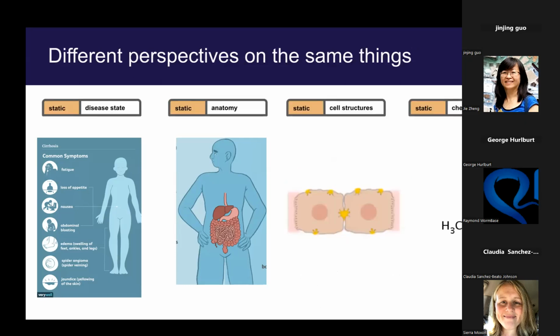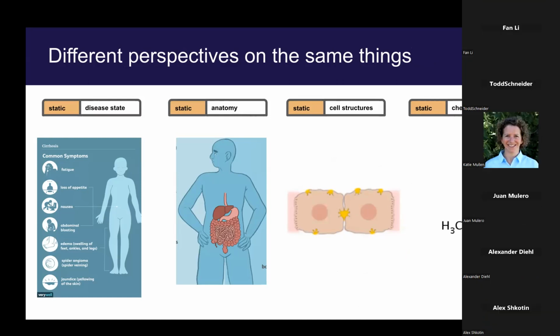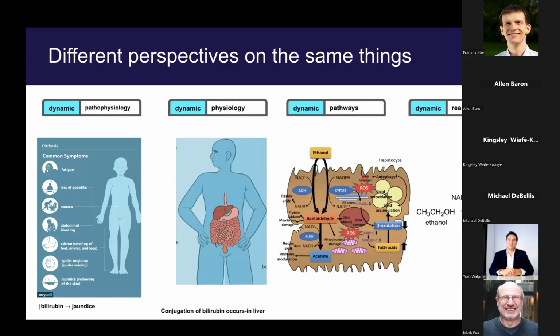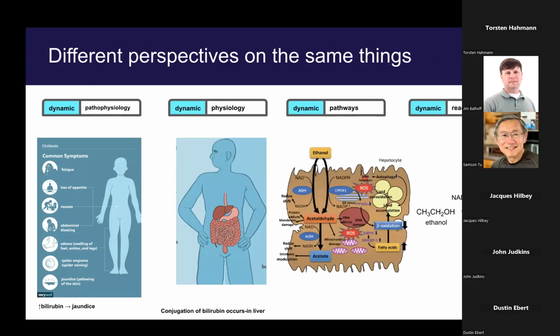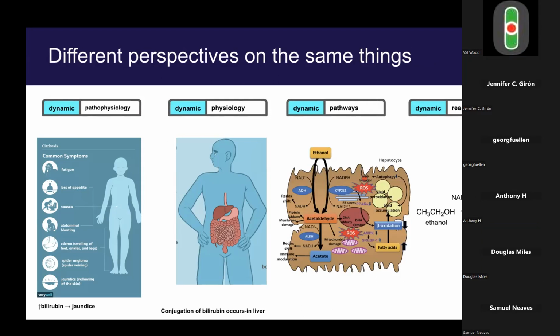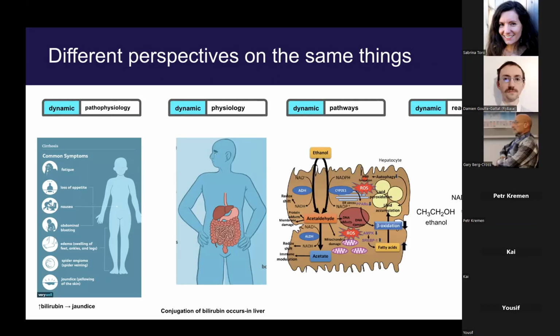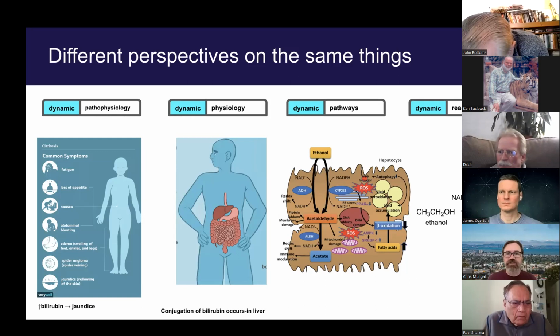And we've got a lot of different perspectives on these things as well. You can have a more static, three-dimensional perspective on some of these entities, where you break things down into states or anatomy, subcellular structures and their relationships, right down to chemical structures. And you can also look at these things in a more dynamic fashion, where you twist things around and look at the same entities from more of a 4D perspective, and you can see how things are connected not just in space, but in time as well.